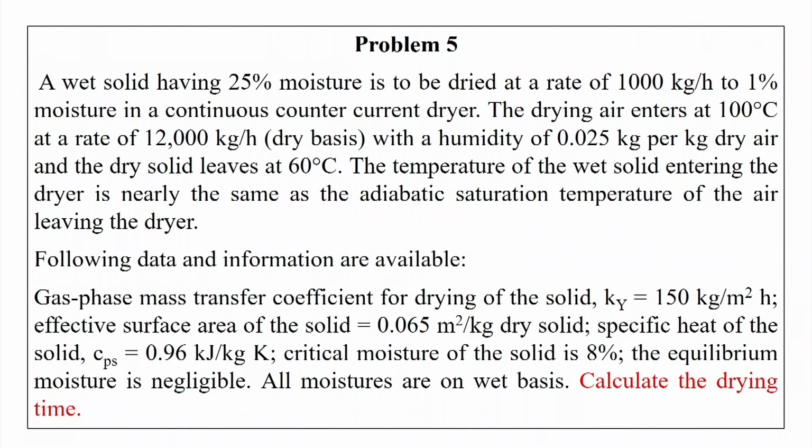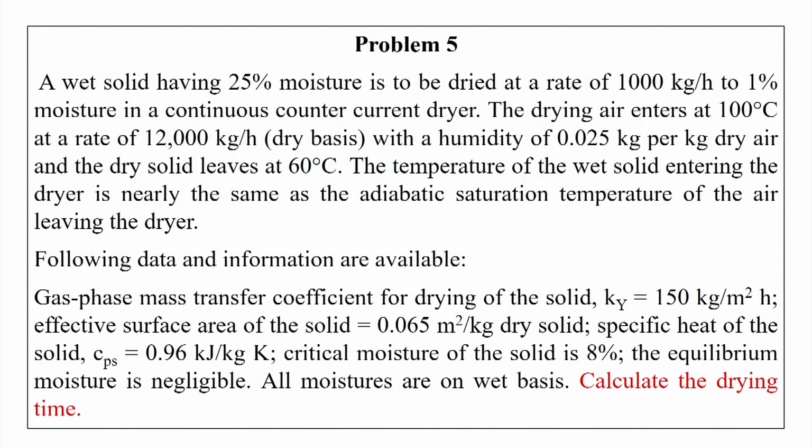As this is a continuous counter current dryer, definitely we have different drying zones. Here, from the problem, we assume that there are 3 drying zones: zone 1, zone 2 and zone 3.